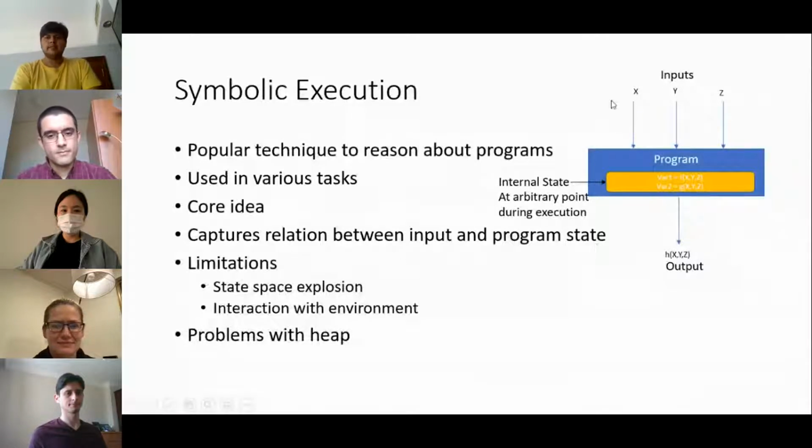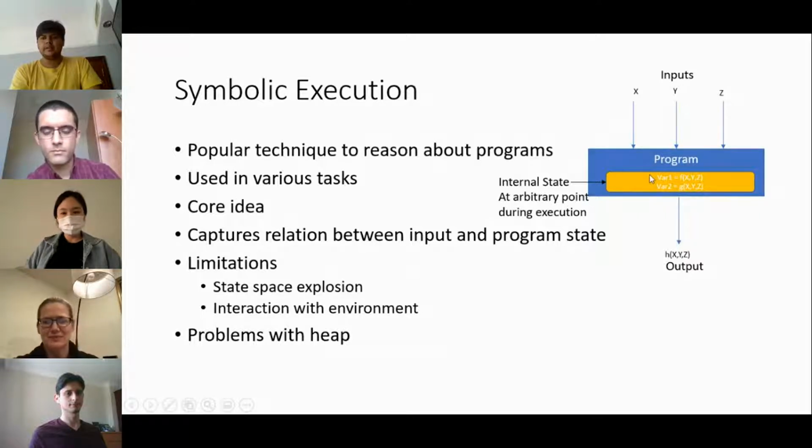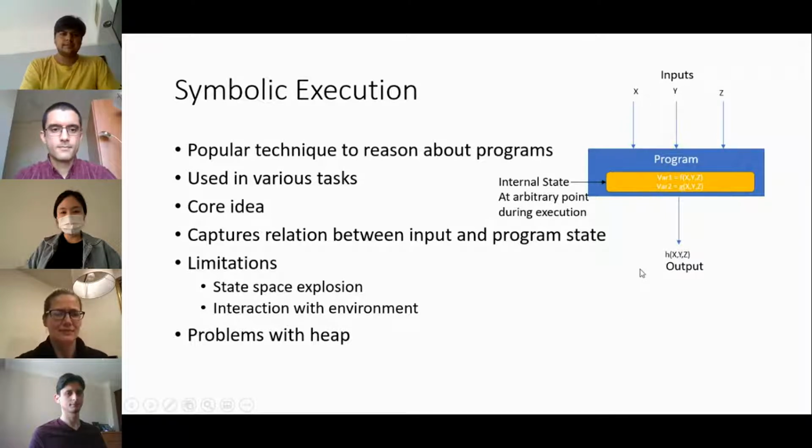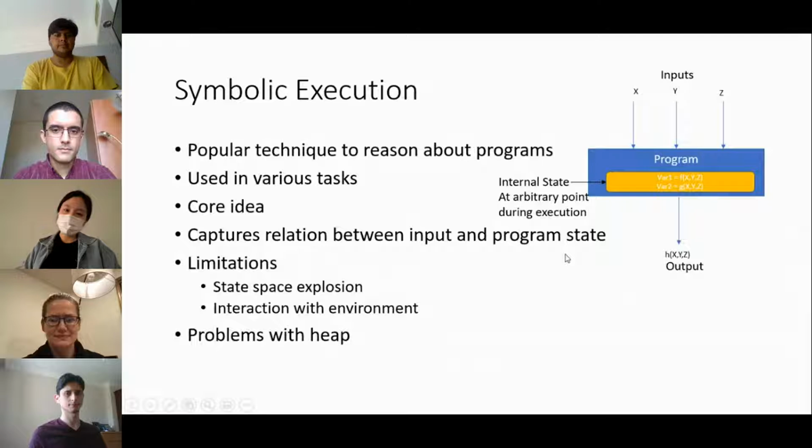With symbolic execution, the inputs to the program are symbolic. Therefore, your internal program state, which is the values assigned to variables, are expressions over those symbolic inputs, and your output is again an expression over symbolic inputs. Therefore, we can reason about them by using a solver like Z3, and check for various properties of the program.